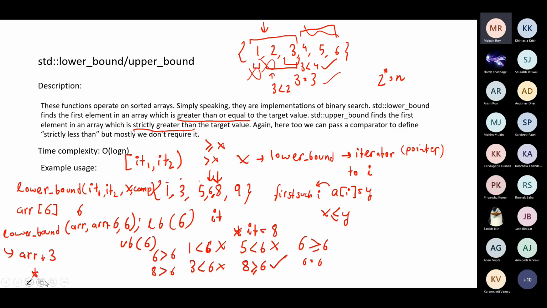Now if you dereference this array plus 3, you will get 6. So that is how it works. It is exactly the same for upper bound, except it will give you strictly greater instead of greater than or equal. Questions?